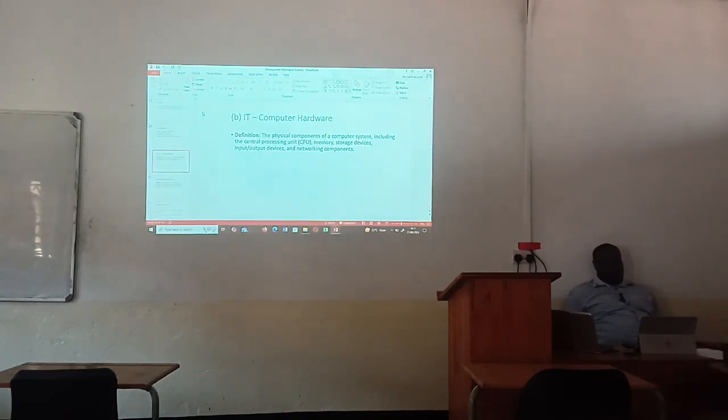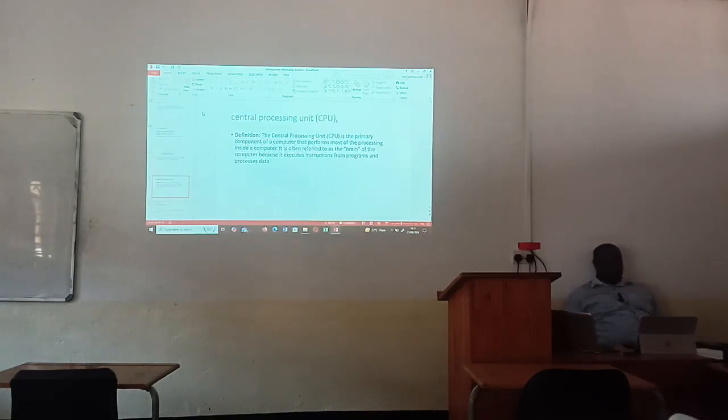So those are the physical components of computer hardware. So let's look at the central processing unit.